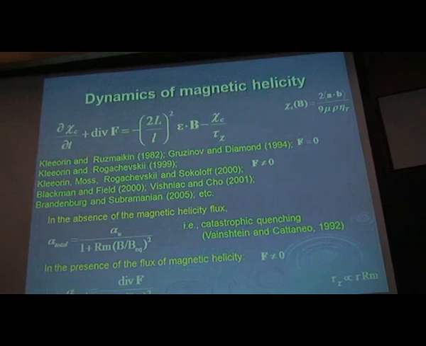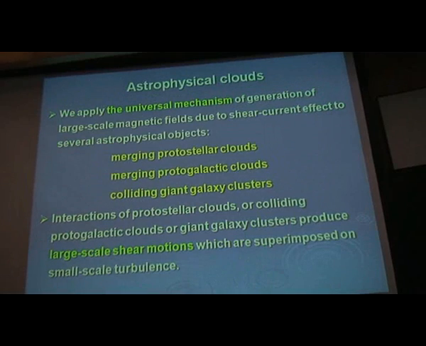Of course, if this mechanism really exists, and shear is a very universal feature in astrophysics, which exists in many objects, so this mechanism can be important in astrophysics. For example, in protostellar clouds, protogalactic clouds, also for accretion disks and irregular galaxies, this mechanism can be important.